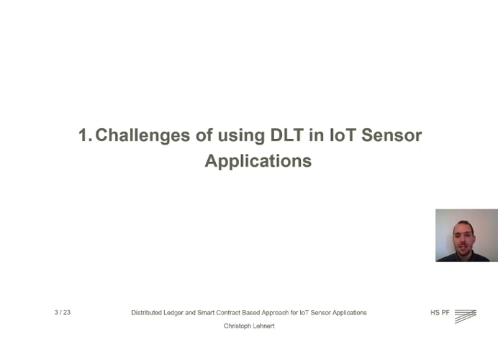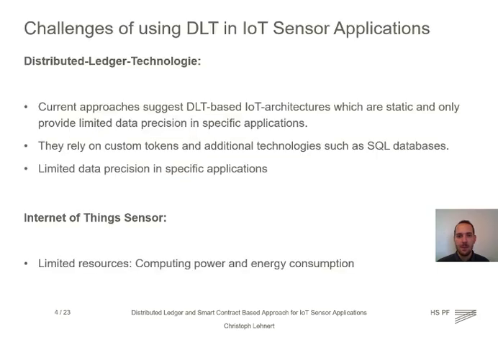The challenges of using a distributed ledger technology in IoT sensor applications are divided in the part distributed ledger technology and the Internet of Things sensor. Current approaches suggest DLT-based IoT architectures, which are static and only provide limited data precision in specific applications.